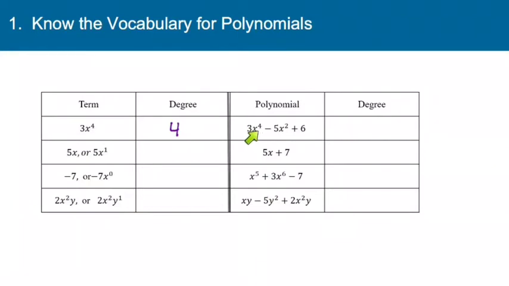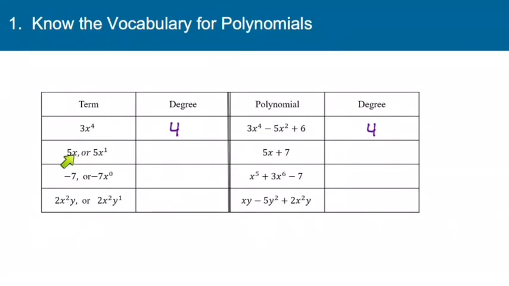The degree of the terms here is 4, 2, and 0 because this one doesn't have a variable, so its degree is 0. So the degree of the polynomial is the same as that of the term with the largest degree. So since our degrees here are 4, 2, and 0, the degree of the polynomial is 4.